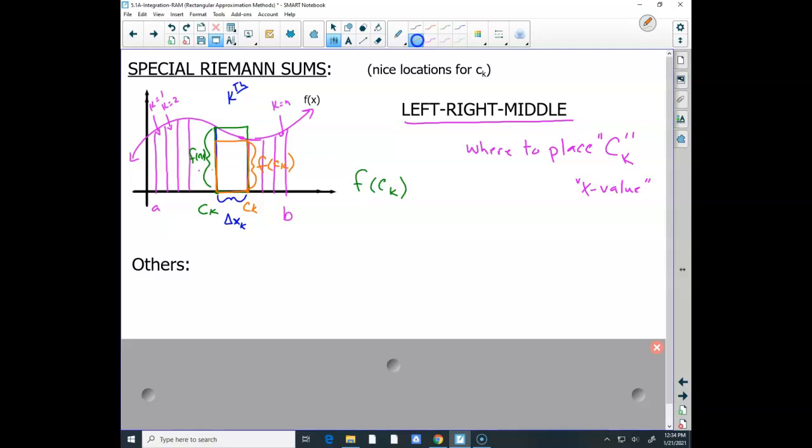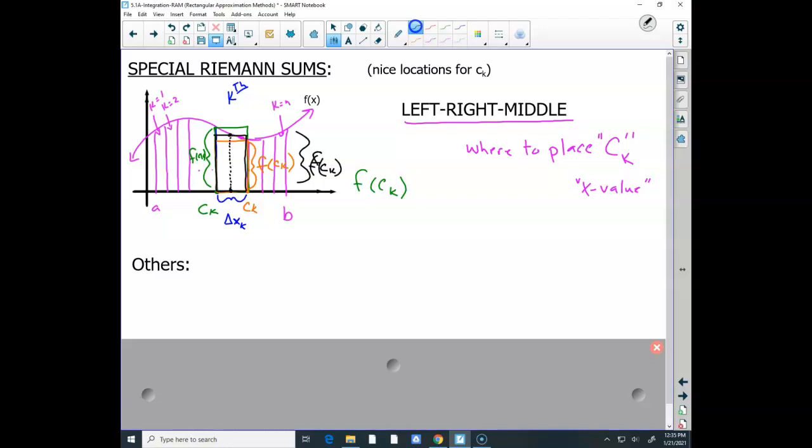So I'm either going to pick the left endpoint of the subinterval, the right endpoint of the subinterval, or I'm going to go with the midpoint of the subinterval, which means my c sub k would be taking this one as my rectangle, and that would be my f of c sub k.